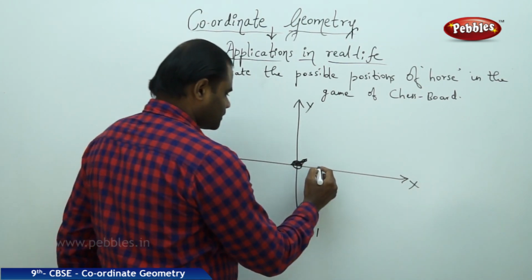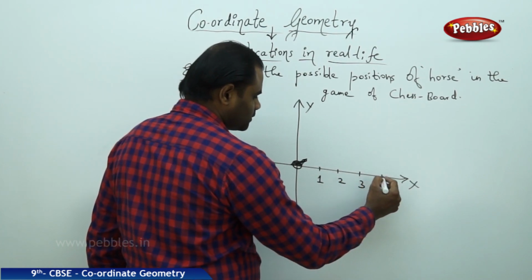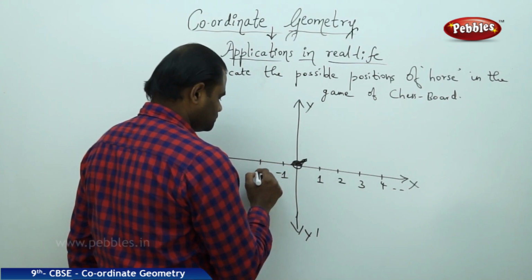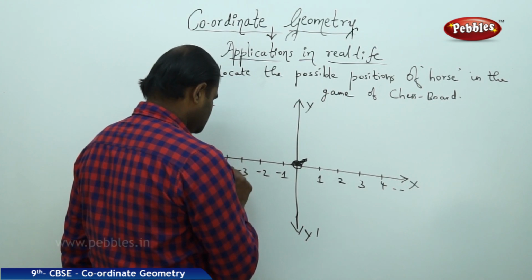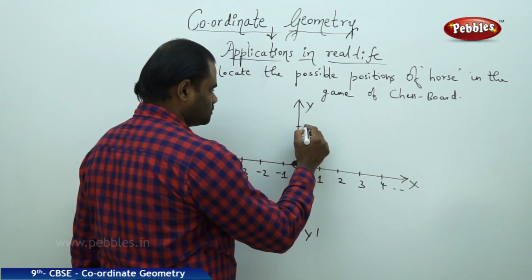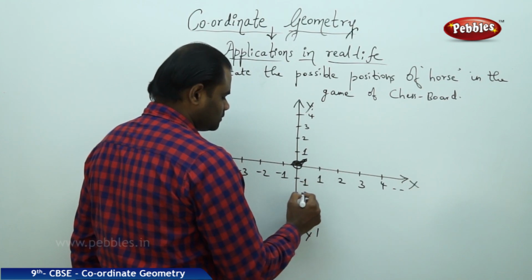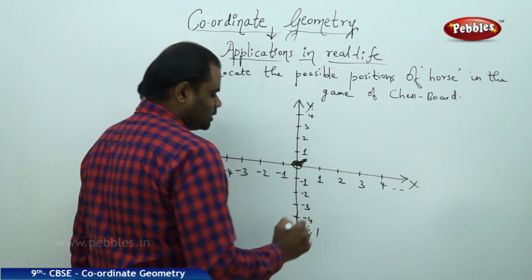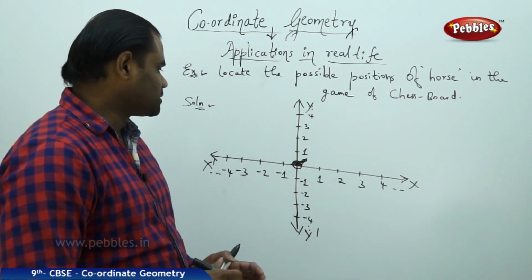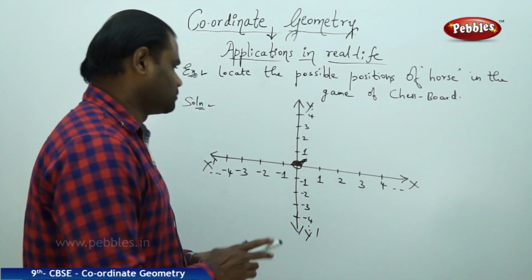Now here, let's take the values on the x-axis as 1, 2, 3, 4, etc. And here comes -1, -2, etc. So with this coordinate system, now comes the assumption that the horse is in its initial position, that is at the origin.